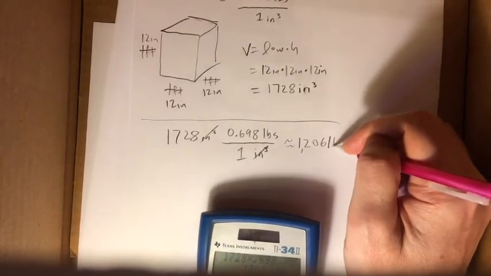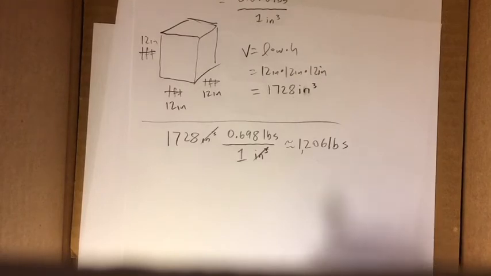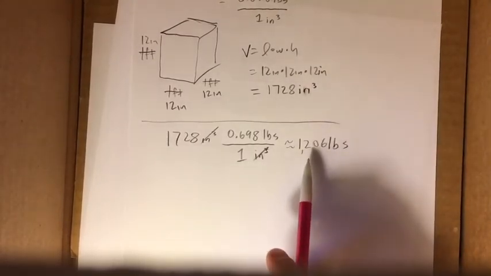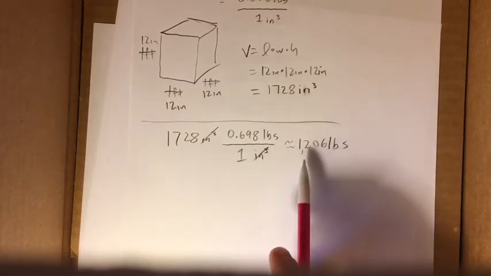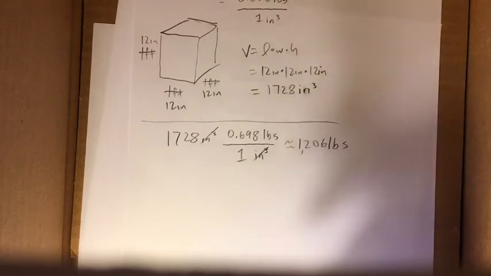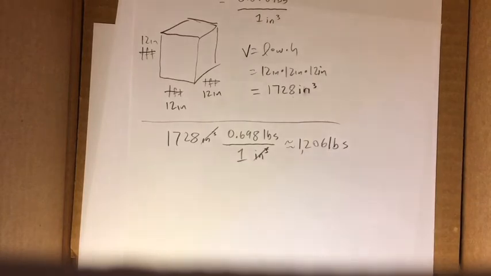It's approximately 1,206 pounds. Now this is insane if you think about it, to a certain extent. If you had an actual cube that was pure gold, it would weigh 1,206 pounds. So you could not lift it, most likely. I mean, almost guaranteed.